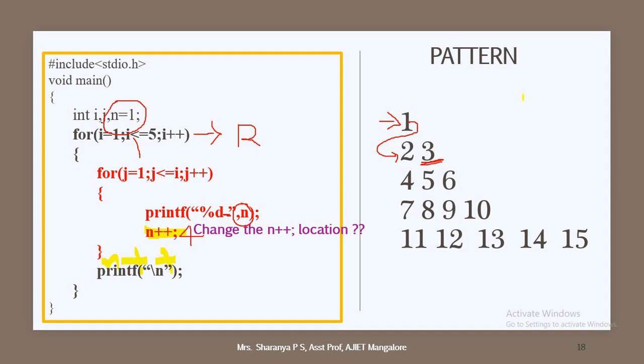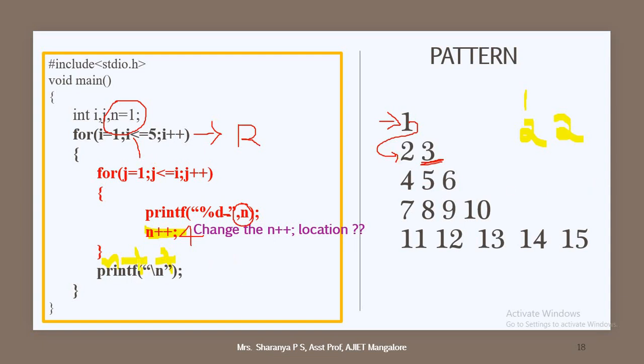What we can see is, first it will print 1. Yes, the inner loop has terminated, and now the n value will be incremented, so n will be 2. So when it comes to the next iteration, it will print the n value which was already set as 2. So it will print 2 two times, because this inner for loop will run along with the i value. i will be set to 2 when it is running for the second time.